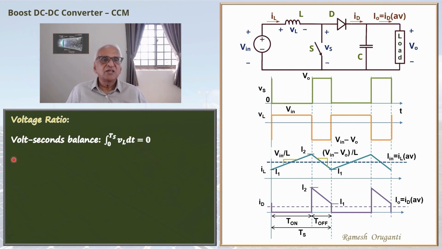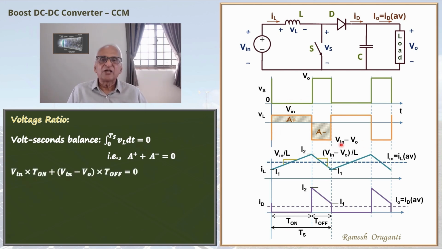This means that the area A plus is equal to the magnitude of area A minus. A plus minus A minus is 0. And A plus is Vin times T-on and A minus is Vin minus V naught times T-off. T-on is dTs, T-off is 1 minus d times Ts.